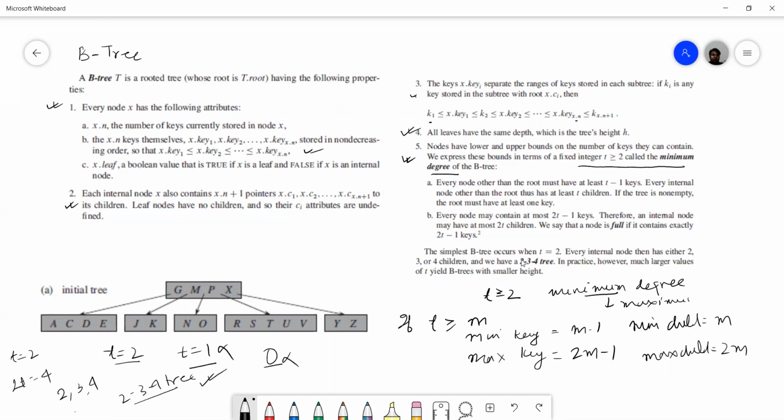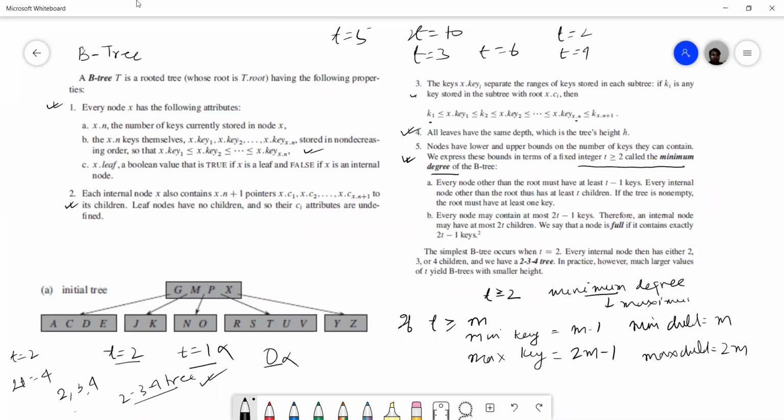What is the definition of Coreman? Class, is this clear? Yes, sir. Okay. So one important point to note here is Coreman assumes that maximum degree will always be even. Why? Suppose if minimum degree is given as 5, then maximum degree is 10. If minimum degree is given as 3, then maximum degree is 6. If minimum degree is given as 2, then maximum degree is 4. Is it clear?